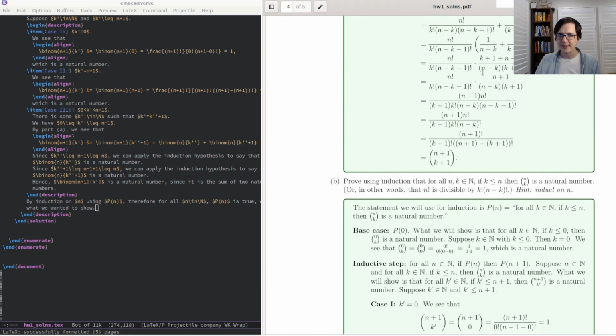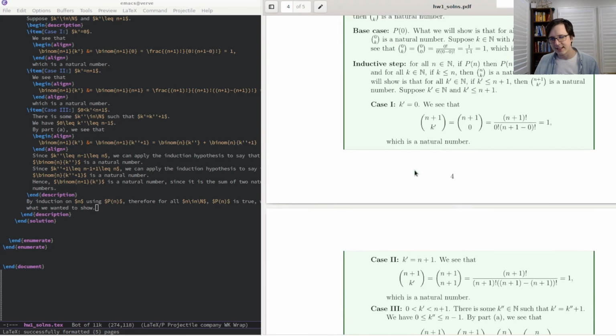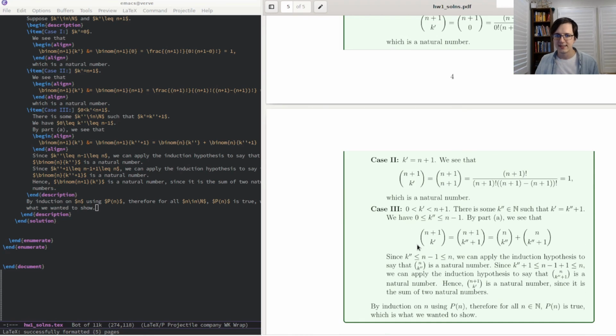And we used the work from the previous problem to then show that the binomial coefficient, at least when all the numbers are right, is the sum of two integers, so therefore it's an integer. But it turned out we had to handle the lower and upper bounds for k specially, which is interesting.